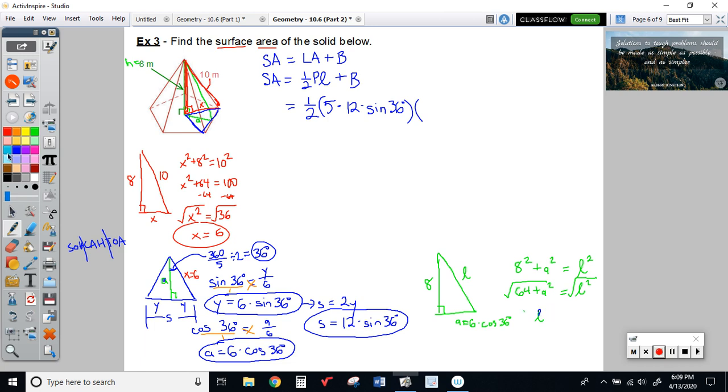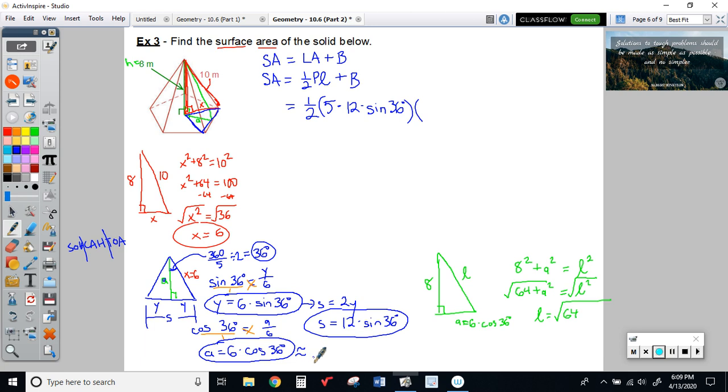L would equal the square root of 64 plus A squared, but A squared I could replace with that thing squared.